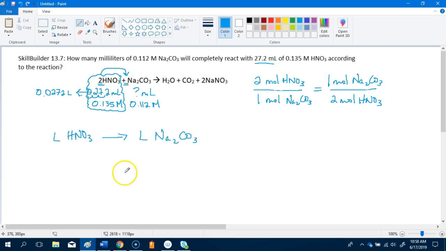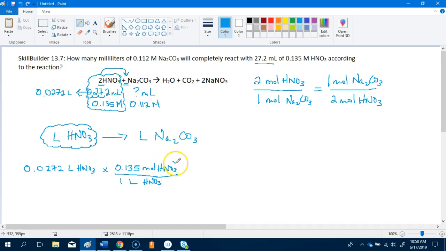Okay, now's the time to build my formula. I always start with what I'm given, and I'm starting with my liters of HNO3. So that's going to be 0.0272 liters of HNO3. Then I'm going to multiply by my concentration, and my concentration is going to be 0.135, and I'm going to write it as moles per 1 liter of hydrogen nitrate.